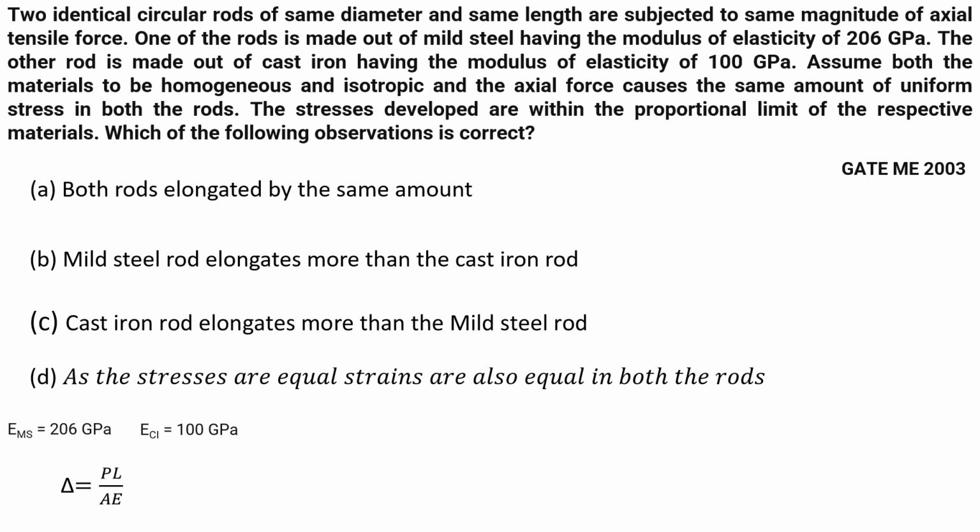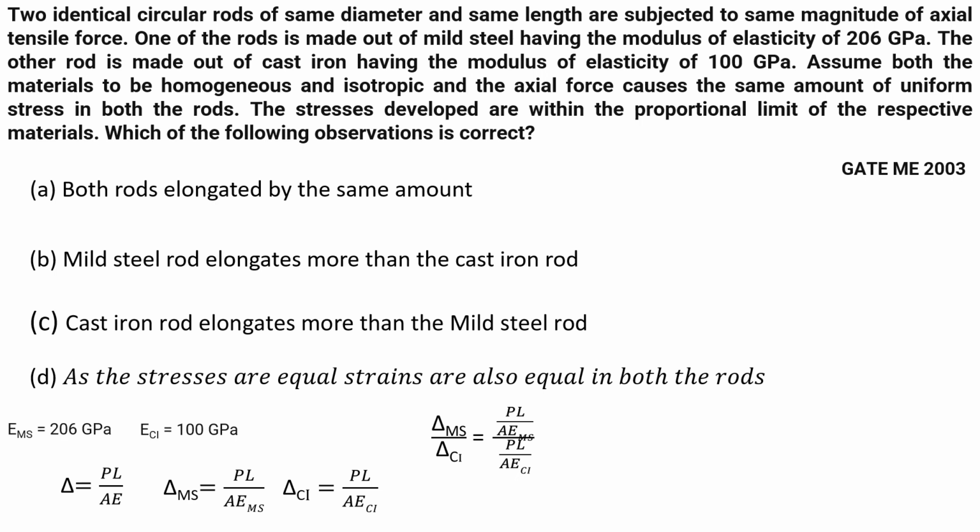So we know deformation delta equal to PL by AE. Then deformation of the mild steel delta Ms equal to PL by A E suffix Ms, and deformation of the cast iron, that is delta Ci equal to PL divided by A E suffix Ci. Then we have to determine the ratio of delta Ms to delta Ci, then delta Ms divided by delta Ci equal to PL divided by A E suffix Ms divided by PL divided by A E suffix Ci.